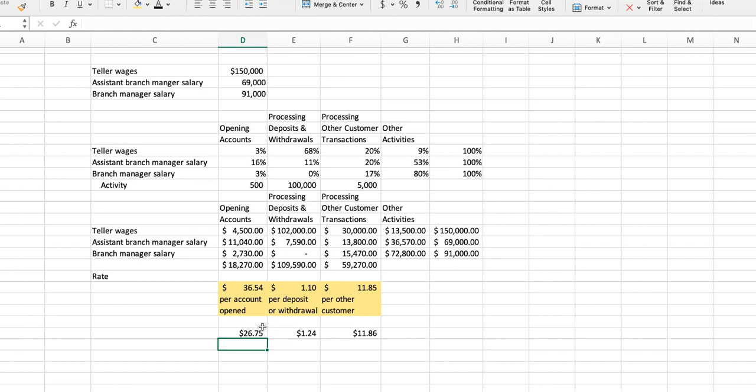So what does this tell us about this branch? They're not quite as efficient in opening accounts. They're a little more efficient in processing deposits and withdrawals, and they're about the same on other customer transactions. So that's one thing we can do with this analysis.